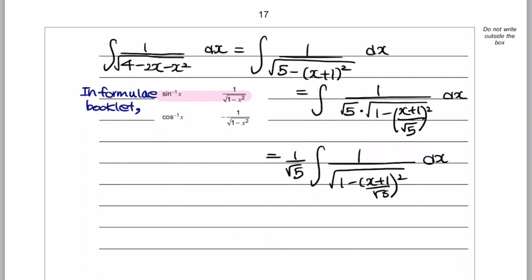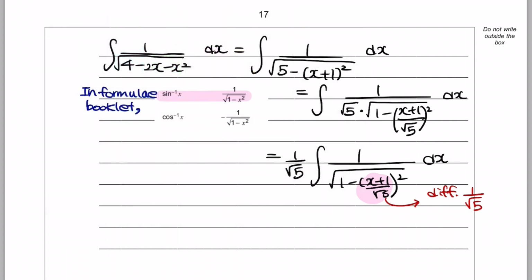This is very similar to the inverse sine differentiation result, but we have a certain function within x. So we have (x plus 1) over root 5 instead of just simple x. So you have to differentiate whatever is in the bracket, and if you differentiate this function, it gives you 1 over root 5.